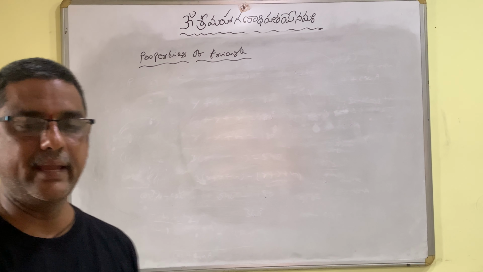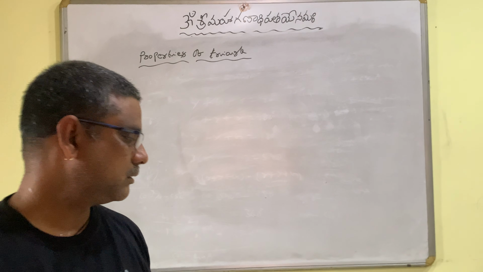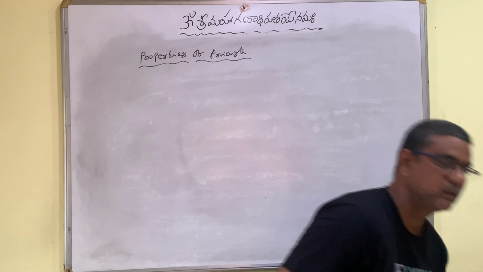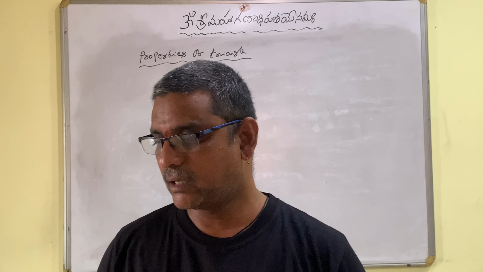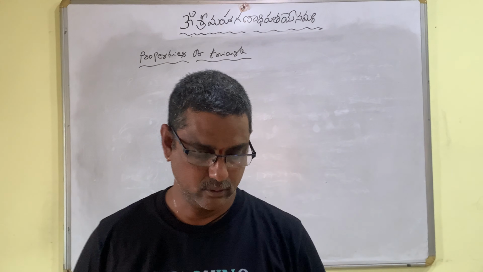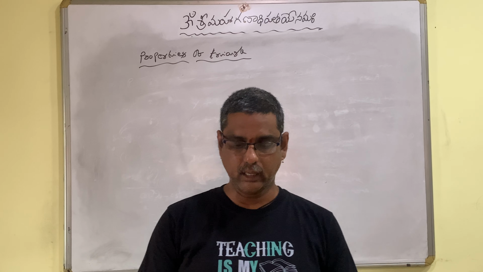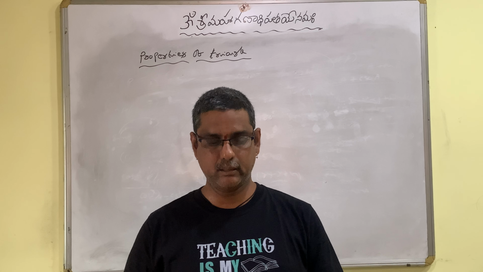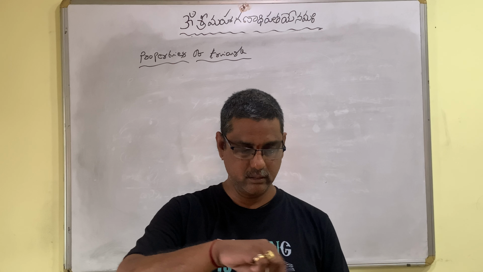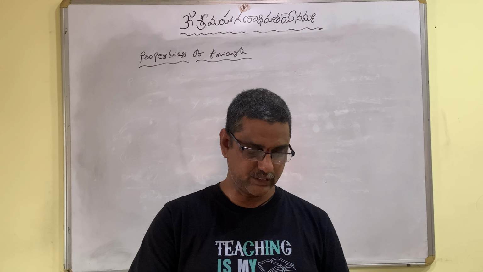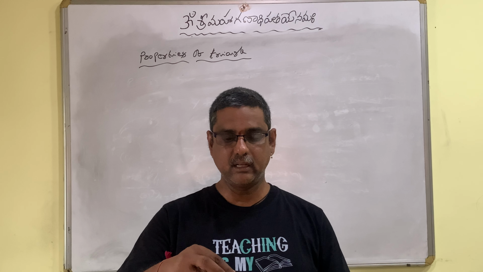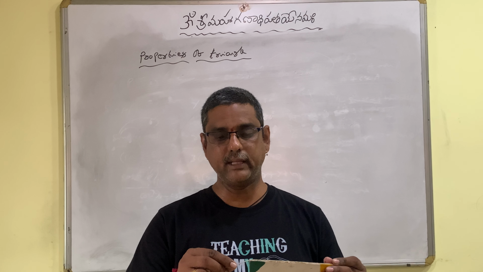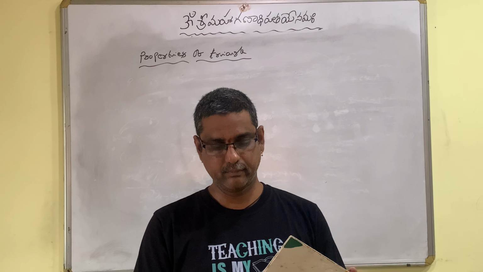Now the fourth property is that the sum of any two sides is greater than the third side. I will consider a thread over here and try to measure the lengths of the sides of the triangle with the help of the thread.